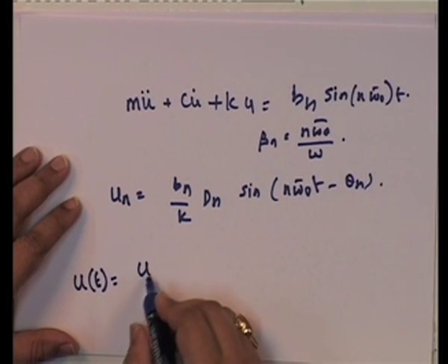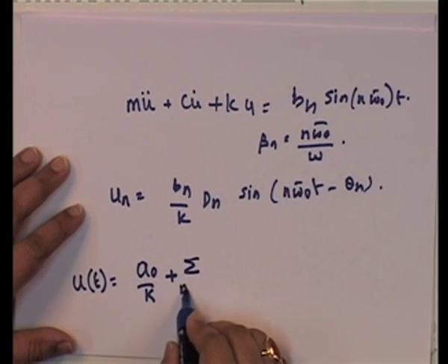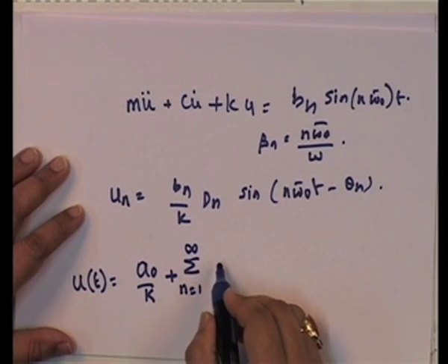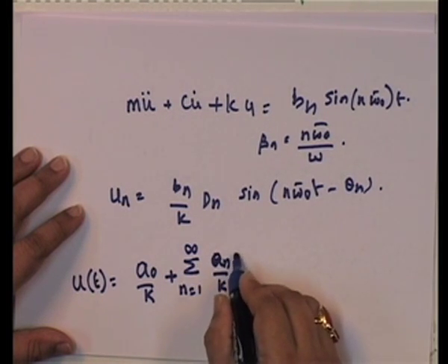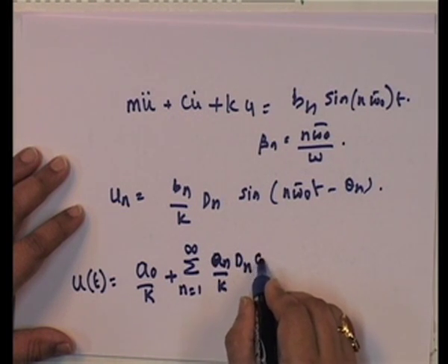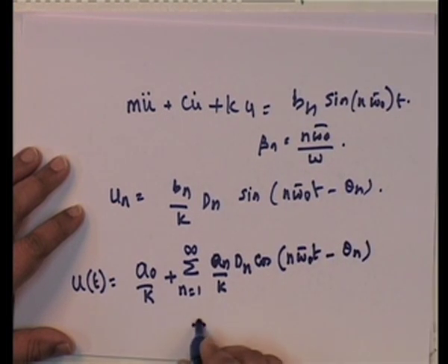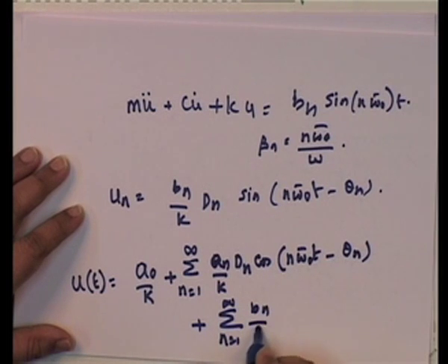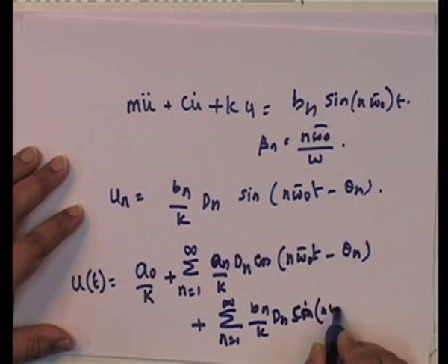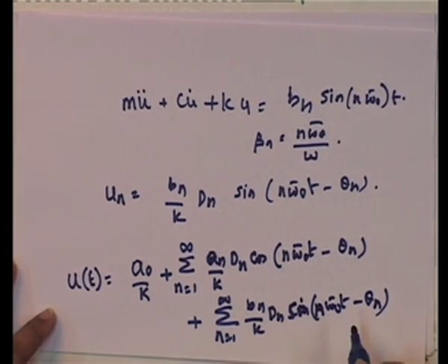So, u of t is equal to A 0 upon k plus summation n going from 1 to infinity A n upon k into d n cosine n omega 0 t minus theta n, plus summation n going from 1 to infinity B n upon k into d n sine n omega 0 t minus theta n. Okay? So, that is what we get.